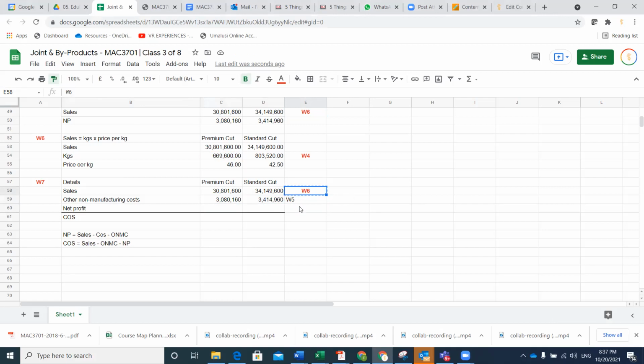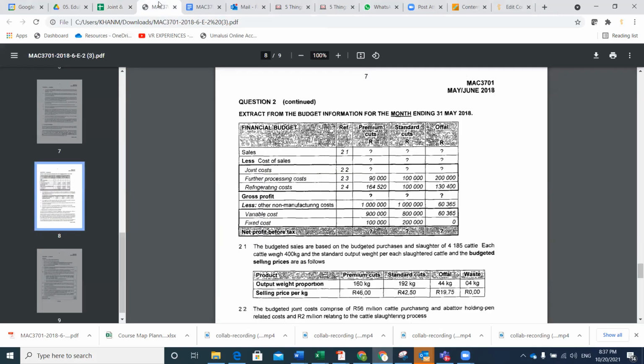And then we know what is other manufacturing costs, because that was given. So other non-manufacturing costs was given to us as 1 million and 1 million.